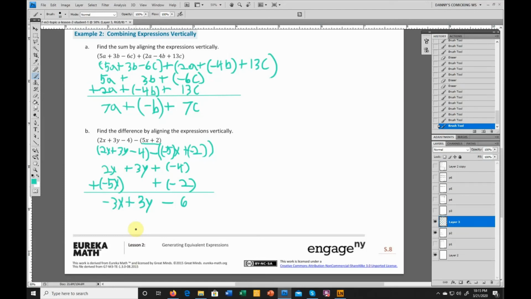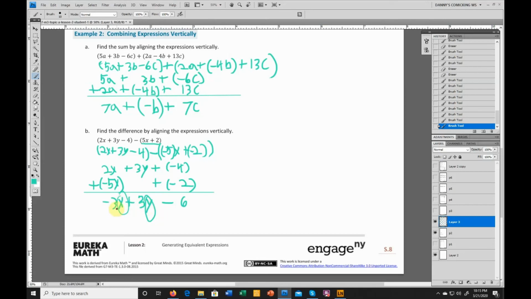Adding the opposite is equivalent to subtraction. Remember that. And keep in mind that you can't actually completely solve this because you have an x here and a y here. So there's no way that you can combine these terms.